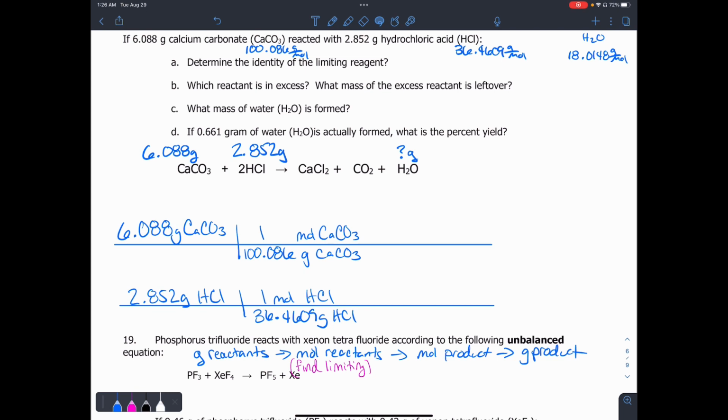The first thing I've done is set up two railroad tracks. One so that I can convert the mass of calcium carbonate into moles of calcium carbonate, and the second is so that I can convert the mass of hydrochloric acid to moles of hydrochloric acid.